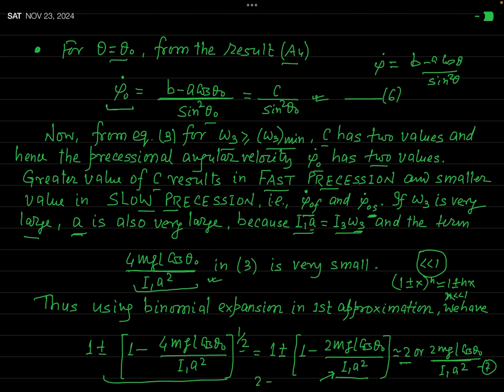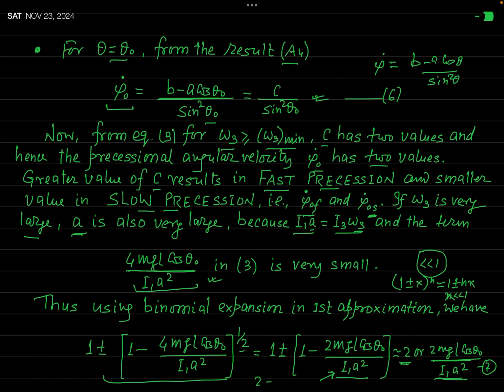And when you take this minus sign here, then 1 minus 1 will cancel out, and minus minus becomes plus, so 2 mgl cos theta naught over I1 A square will remain. So this expression is either 2 or 2 mgl cos theta naught over I1 A square.